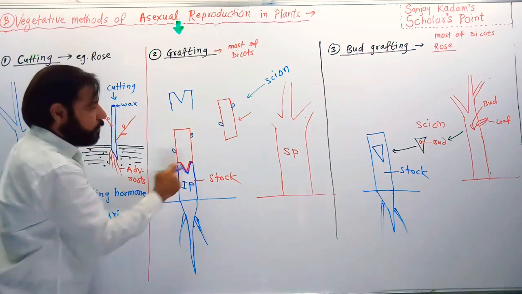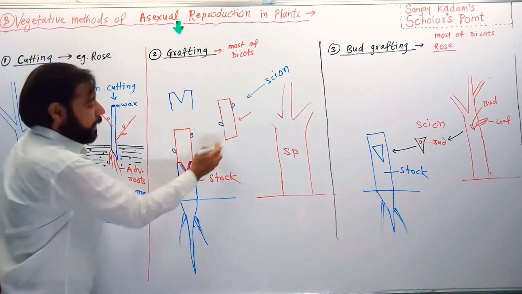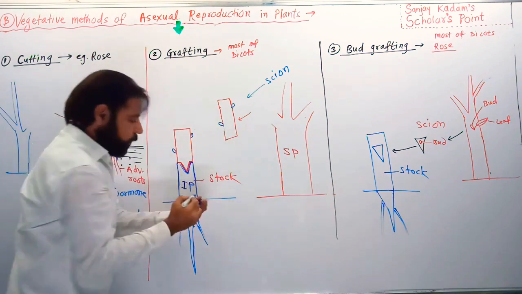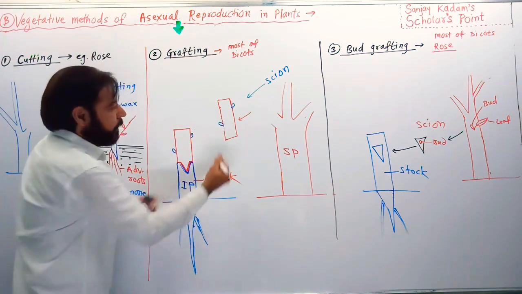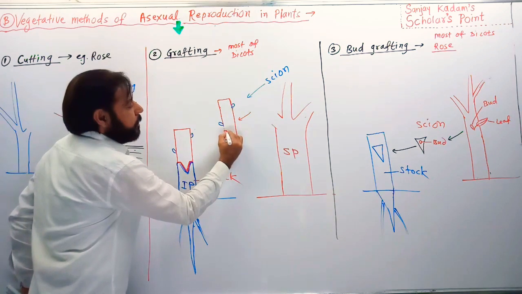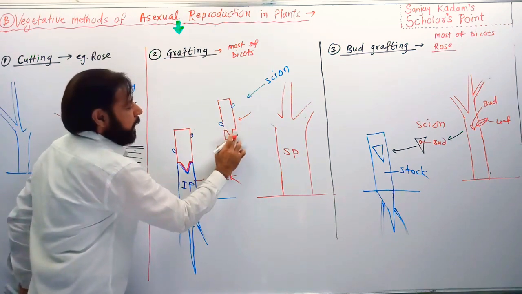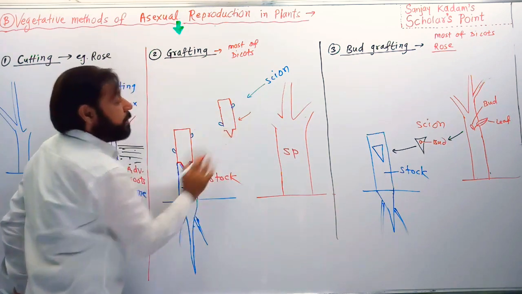This is the V notch or V type of depression, into which a lower portion of scion is allowed to form a V-shaped projection.